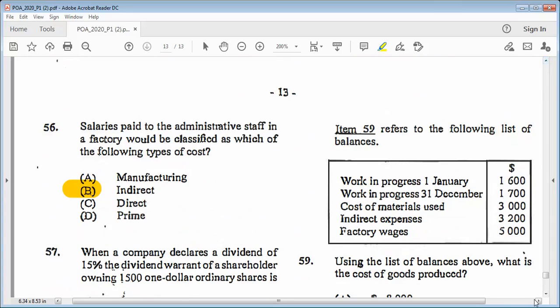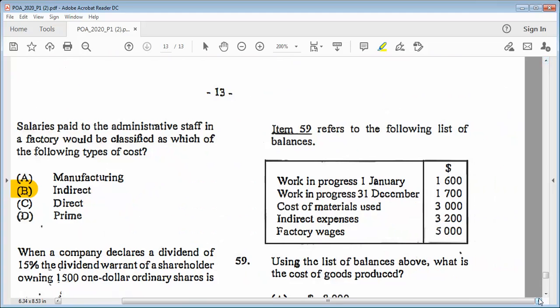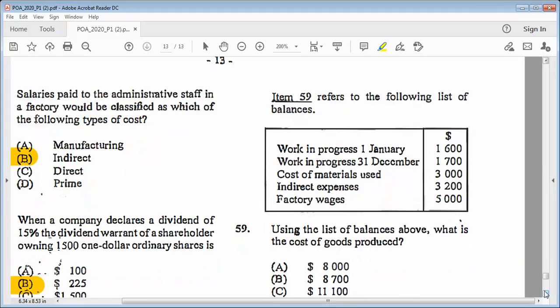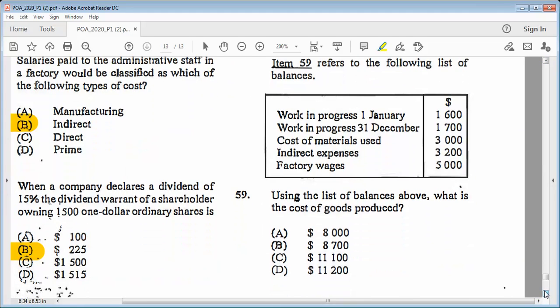Okay, it says item 59 refers to the following list of balances. So here we have work in progress, 1st of January, 1,600, work in progress, 31st of December, 1,700, cost of materials used $3,000, indirect expenses 3,200, factory wages 5,000.